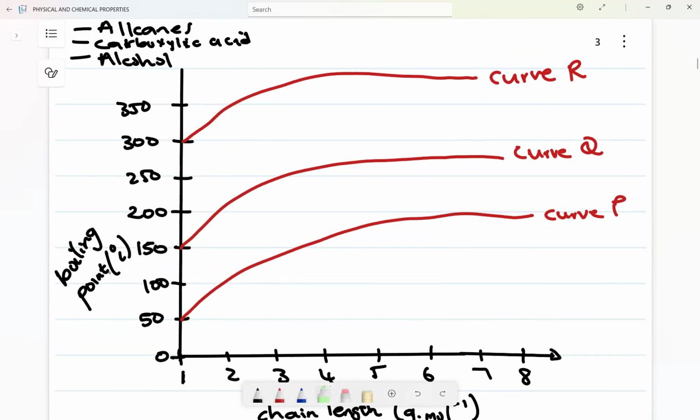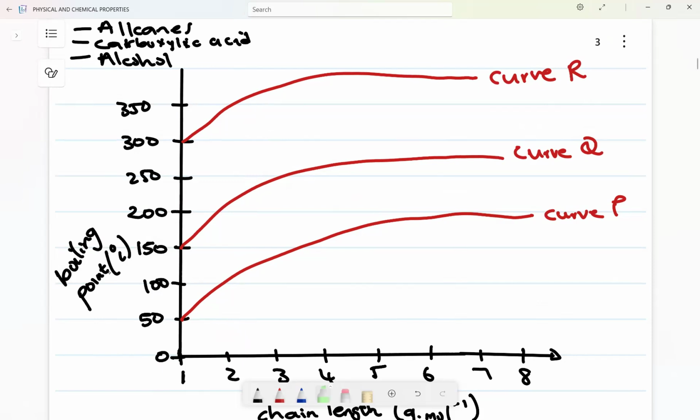If I increase the chain length, can you see the boiling points of them also increase? But now I need to know which graph represents an alkane, a carboxylic acid, or an alcohol.